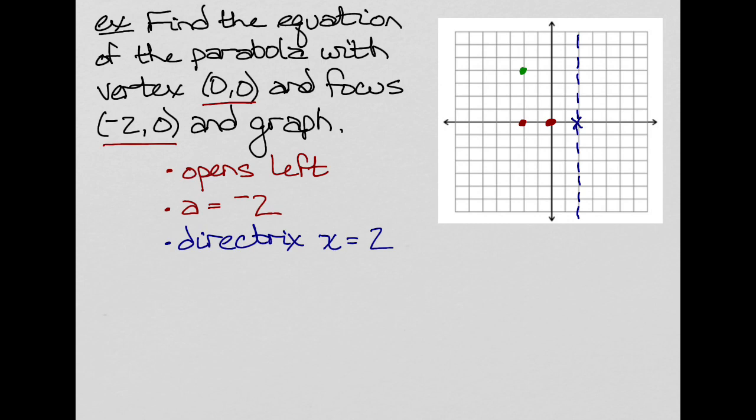So I'm going to go up and down, since my parabola is opening left. There are the endpoints of my latus rectum. This is cheating, but I'm okay with that. My latus rectum endpoints are, looks like -2, 4, and -2, -4.